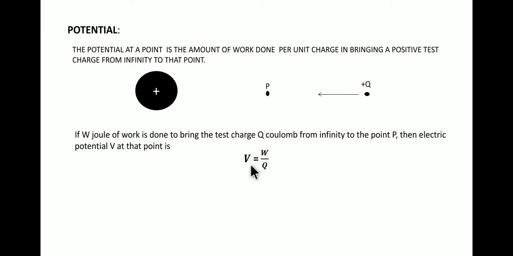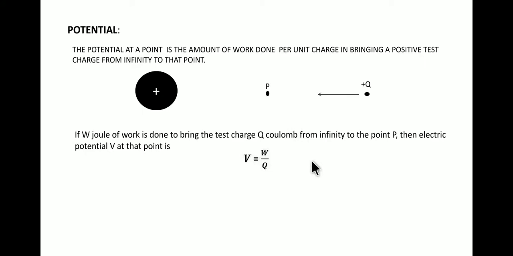So V is the electric potential of that particular point P. That is the potential at that point P will be given by the amount of work done in order to bring this charge from infinity towards the positively charged body up to the point P.